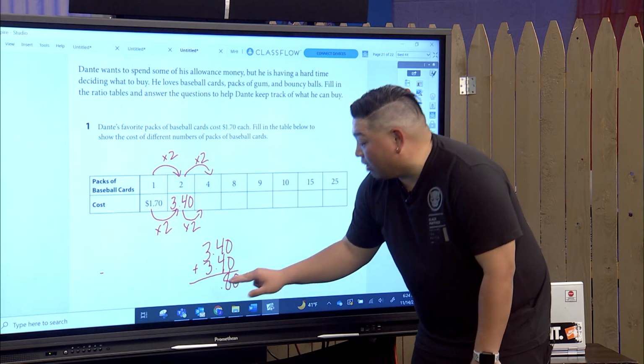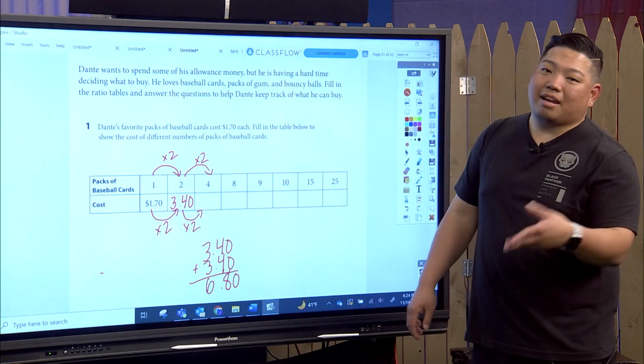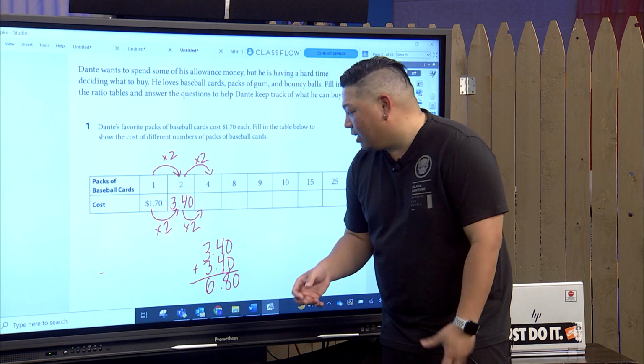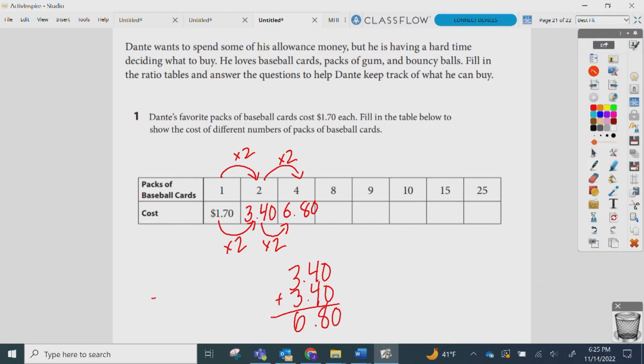And this is nice because I don't even have to regroup here. Some of you sitting at home are like, oh, I did that in my head. That's wonderful, but let's try to keep track of our thinking. That's right. $6.80. So now we know 4 packs of cards is going to cost us $6.80.